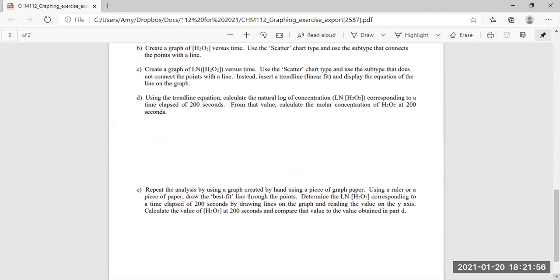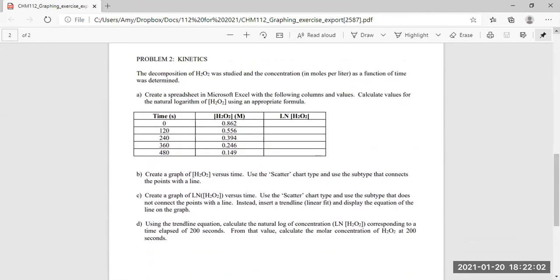It says figure out what the molar concentration is at 200 seconds. So scroll back up here and look at the data. I can eyeball it a little bit without even graphing it. I can look at it and say, well, at 120 seconds, it was 0.556. This is stuff that's getting used up, so this is why the numbers are going down.